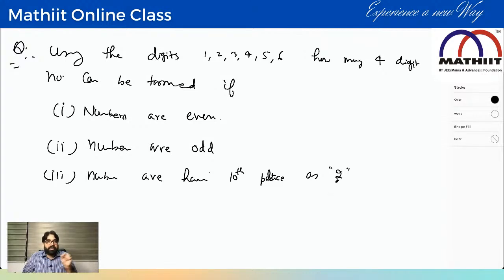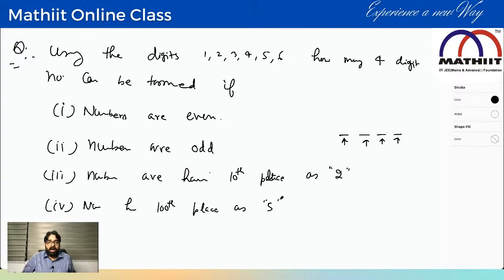All the numbers with 10th place 2. Number 10th place is what? This is the unit place, this is the 10th place, this is the 100th place, this is the 1000th place. Fourth, numbers having 100th place as 5 or 6.